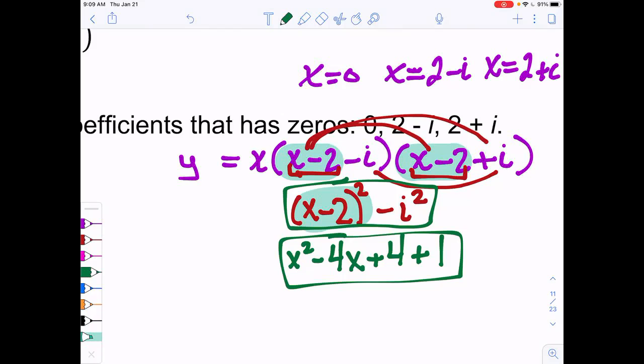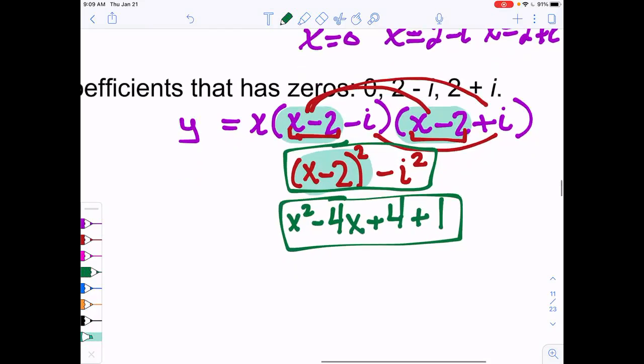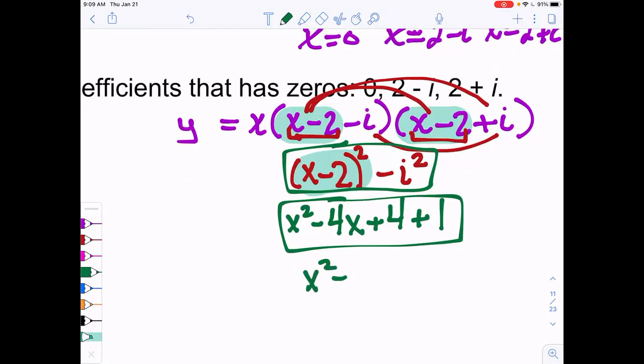So I have to simplify that first before I do anything with the x in front. So that expression becomes x squared minus 4x plus 5. That quadratic is how I would end up having the zeros of 2 minus i and 2 plus i. So this quadratic came from those imaginary zeros.